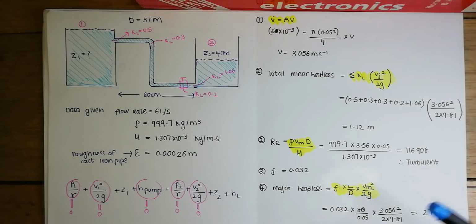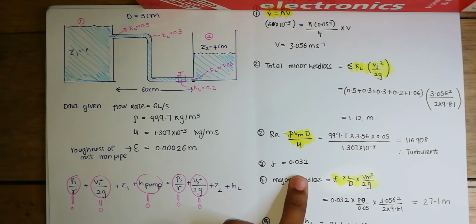Now that we know it's a turbulent flow, we have two ways of finding this friction factor, either by using the Colebrook equation or using the Moody chart. I won't be explaining how I found that here because it's a pretty long process. I'll make another video on how to find the friction factor using the Moody chart and by applying the Colebrook equation.